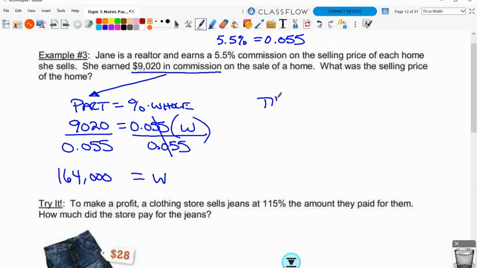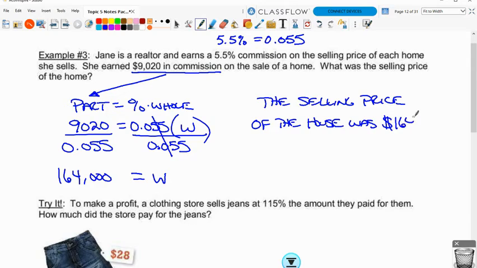So this means that the selling price of the house was $164,000. Okay, so Jane sold the house for $164,000. The commission that she gets to keep was $9,020, which was 5.5% of the $164,000 selling price.